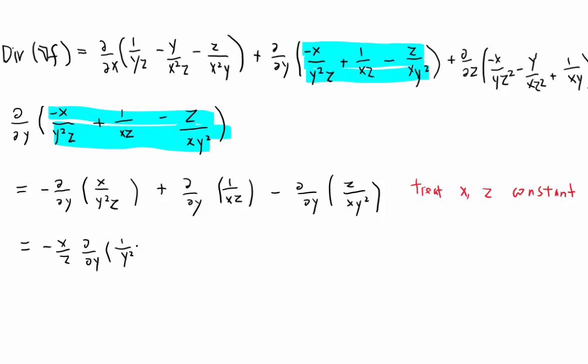For the second term, since x and z are treated as constant, the partial derivative gives you 0.